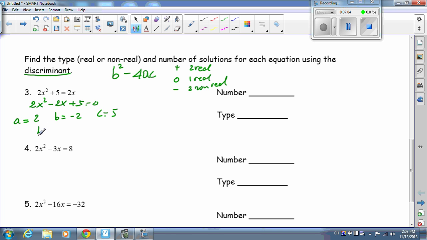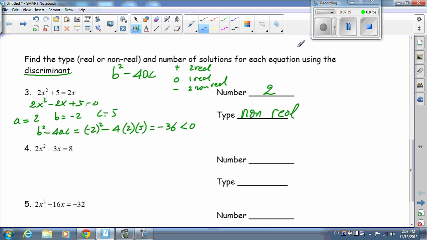So if I want to find b squared minus 4ac, I will say this is equal to negative 2 squared minus 4 times a here is 2, c is 5. And you get, if you calculate it right, negative 36. Well, this is less than 0. Once I get something that is less than 0, I know I have 2 non-real.